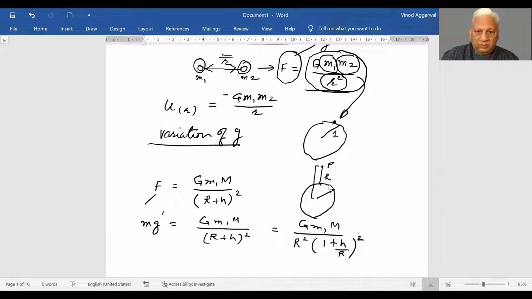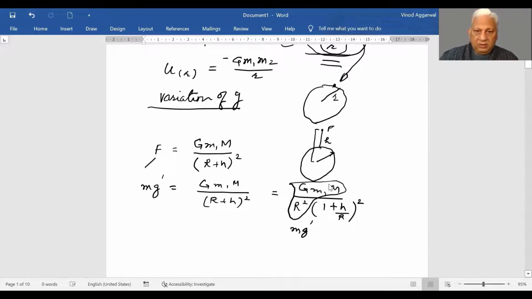Now what is this? This was our original mg, like what we saw here. So this becomes our original mg, and this gets divided by 1 plus h by R, whole square.